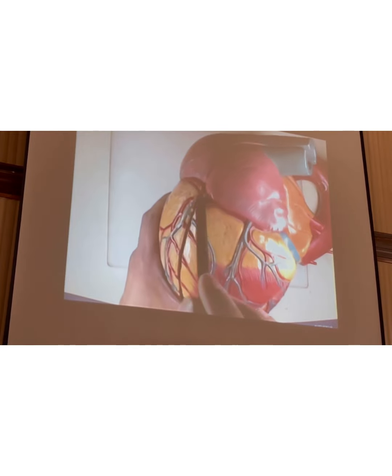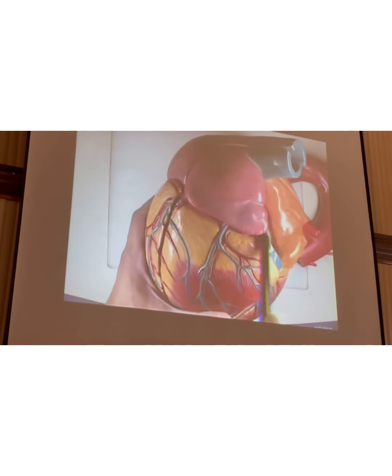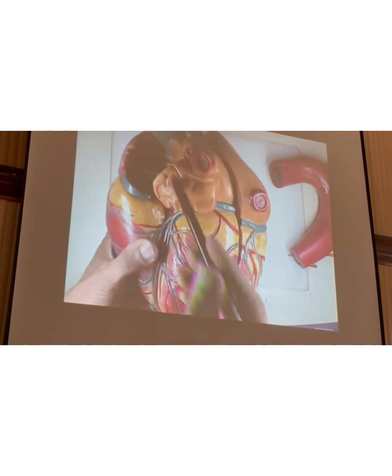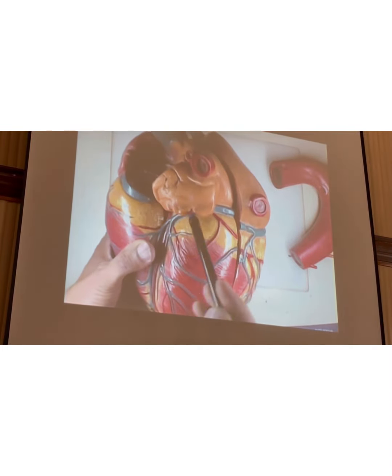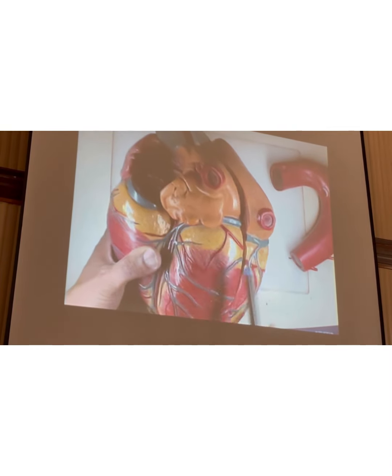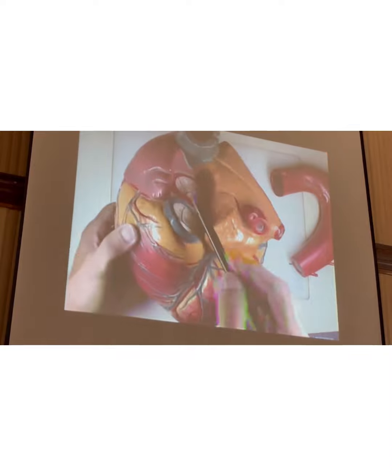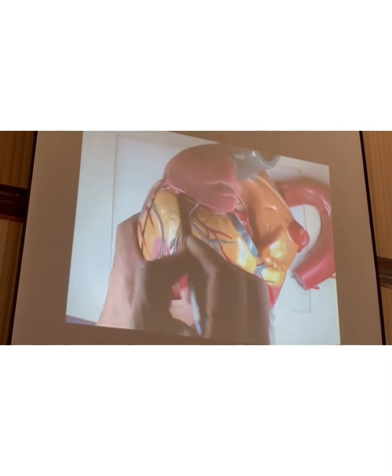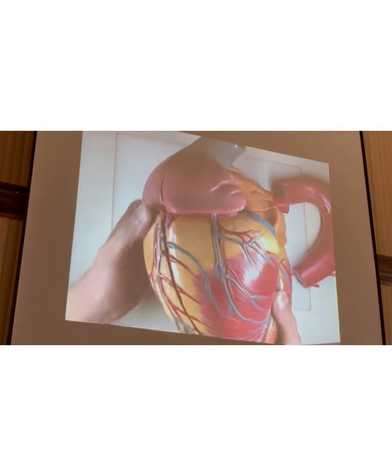This is called the atrioventricular groove. The right atrioventricular groove. Here, between the left atrium and the left ventricle, this is the left atrioventricular groove or sulcus. So the right coronary artery runs in the right atrioventricular groove.